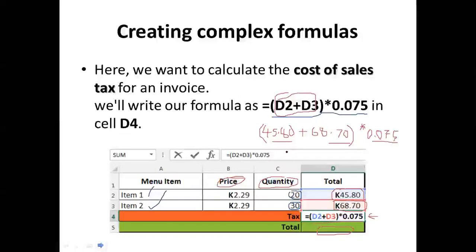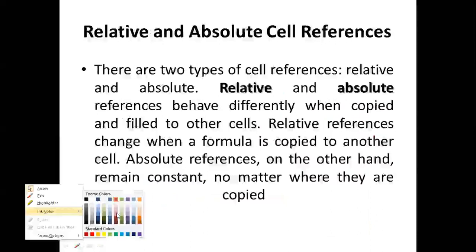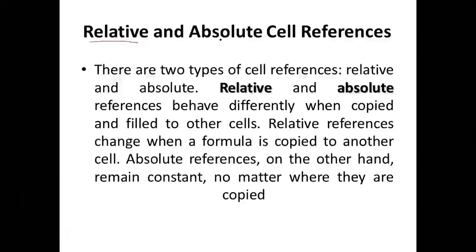So this is an illustration of how complex formulas can be treated. And then another type of formula that we're going to look at today is known as relative and absolute cell referencing. This is also another type of referencing that is very important to know in our discussion.